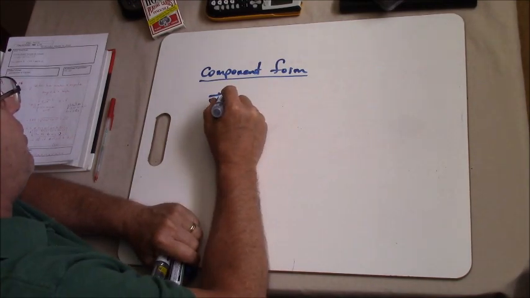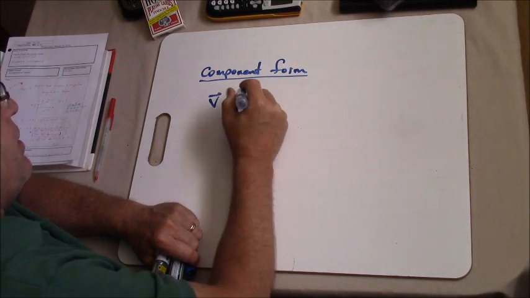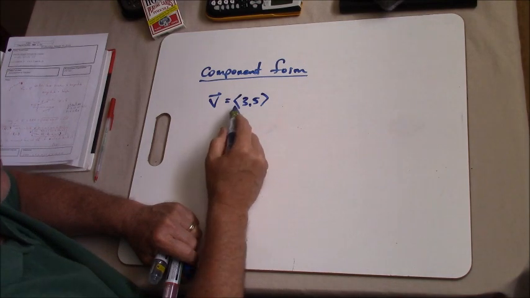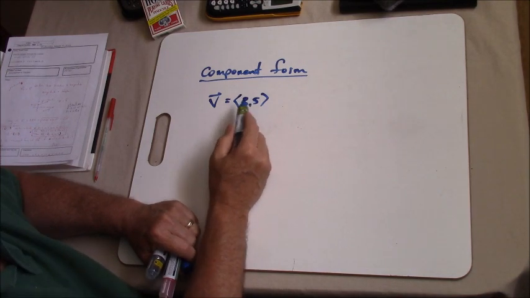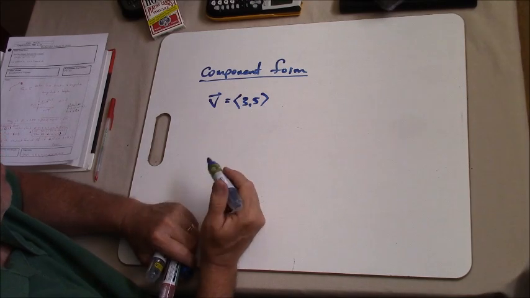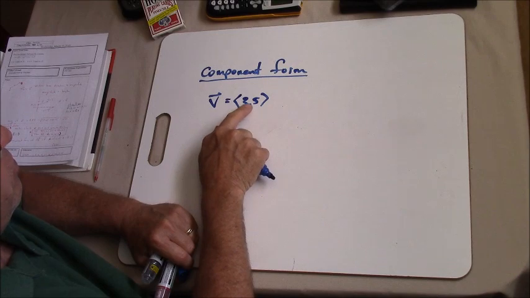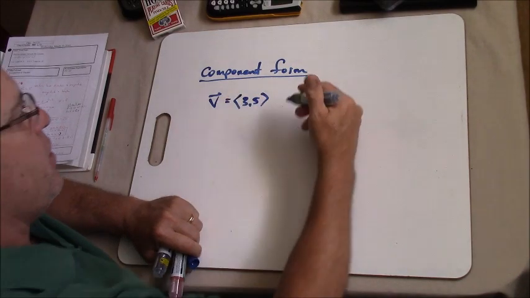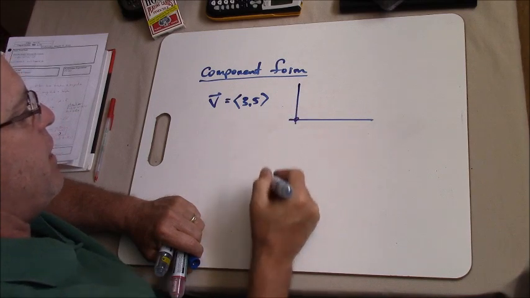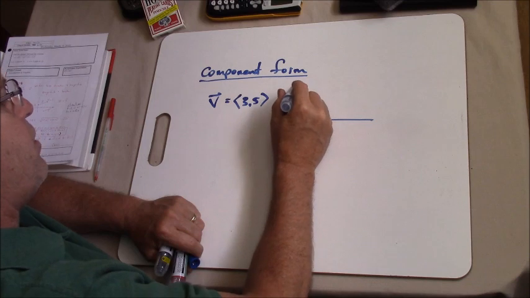So if I say that this vector equals, and then I put 3 comma 5, and I've got these sort of greater than, less than signs for brackets, that's component form. And what it means is vector v starts at the origin and it goes to this point. So in a picture, this vector starts right here at the origin. 1, 2, 3, 1, 2, 3, 4, 5.